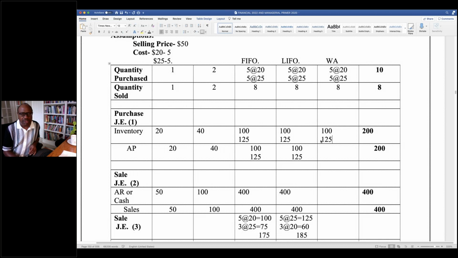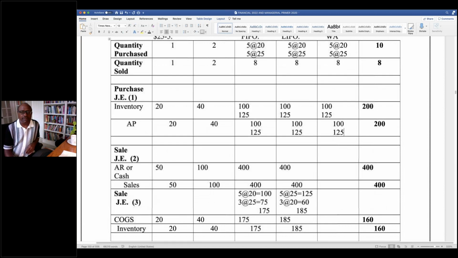The purchase journal entry is going to stay the same no matter what method you use. The purchase journal entry stays the same. And guess what? The sales journal entry stays the same.